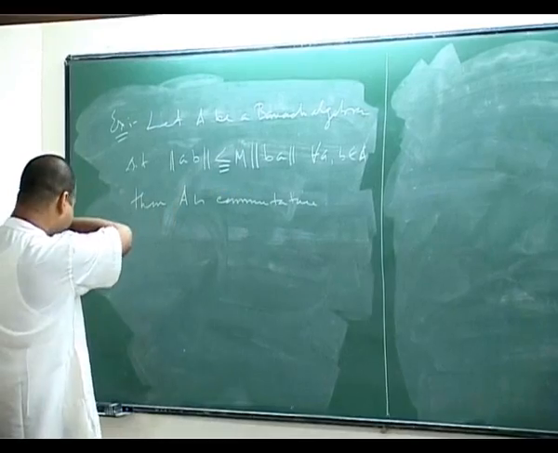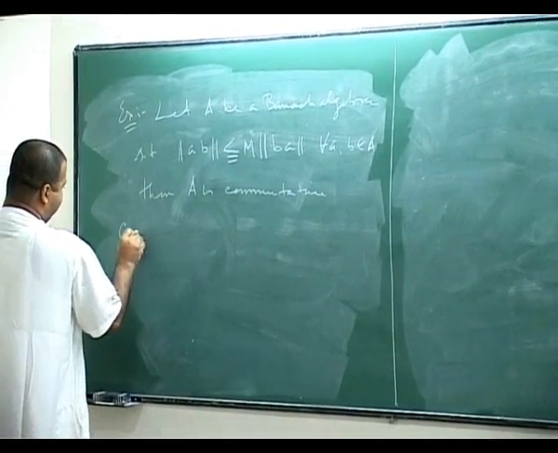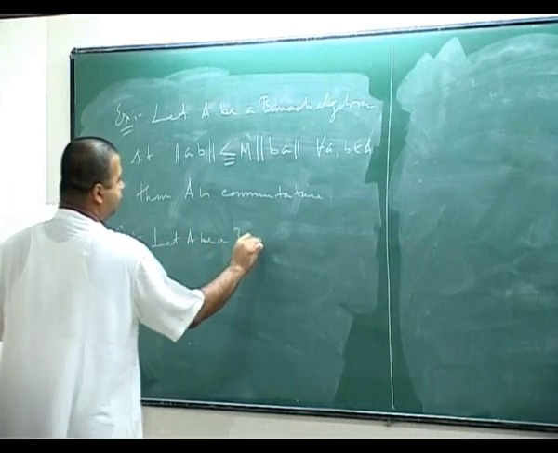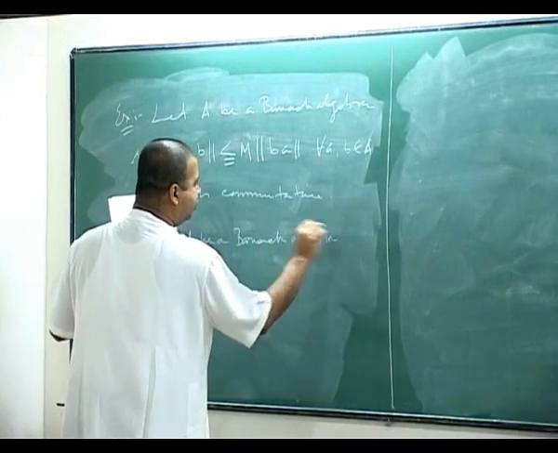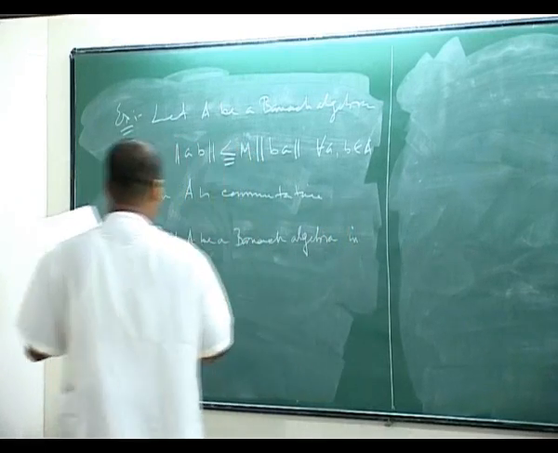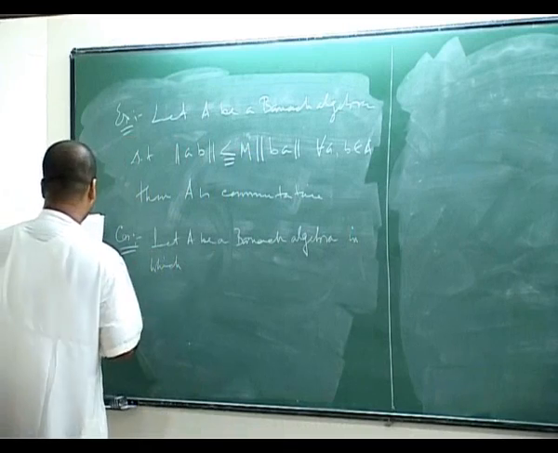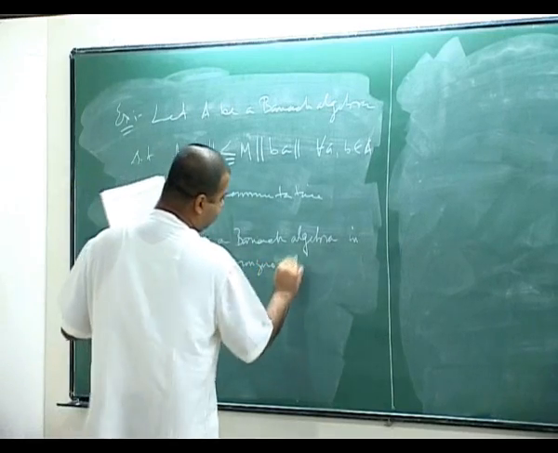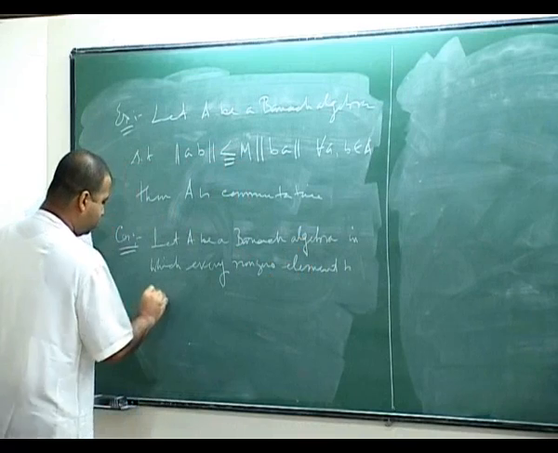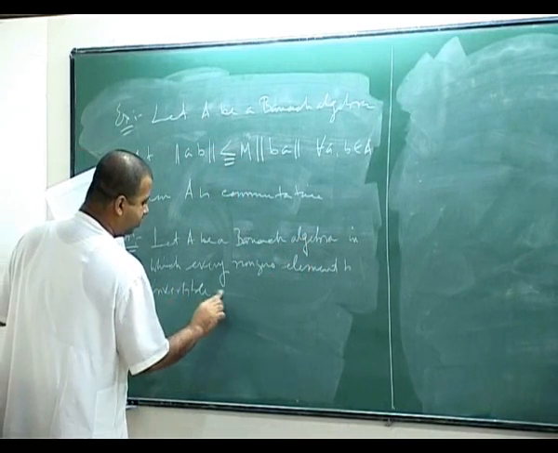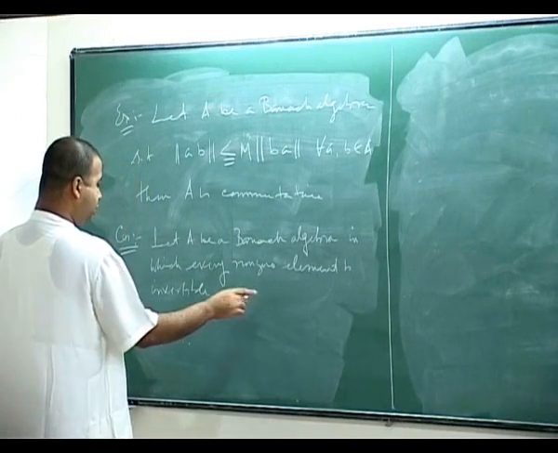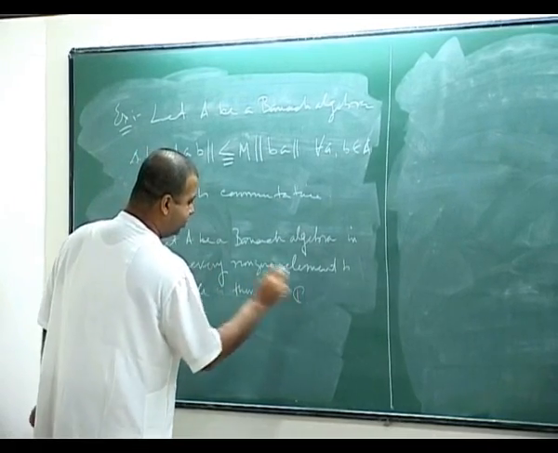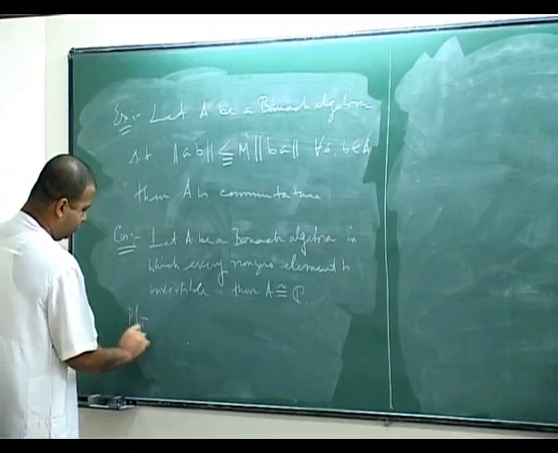Now a consequence of that observation that the spectrum is non-empty is this: let A be a Banach algebra in which every non-zero element is invertible, then A is isomorphic with C, and the proof is also obvious.